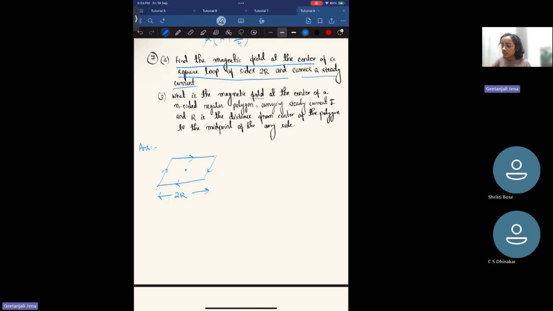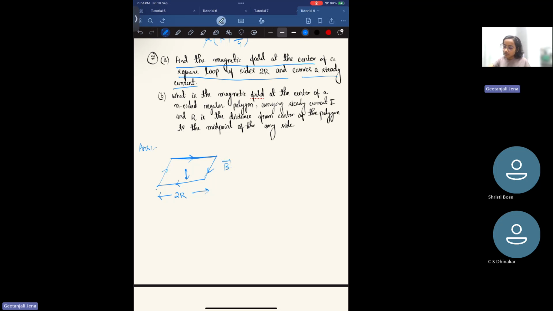So if you look at each finite wire, so they are producing the field in the same direction, right? So it's in downward direction for this field. And for the square loop, the distance is equal. So that means they all will add up and they are all equal.